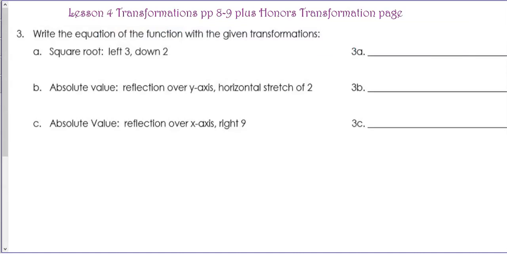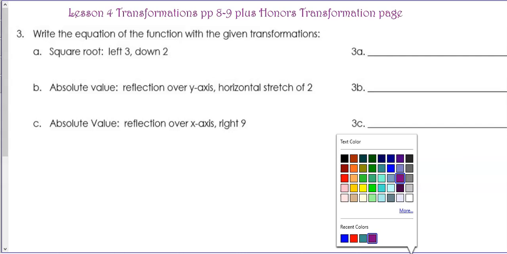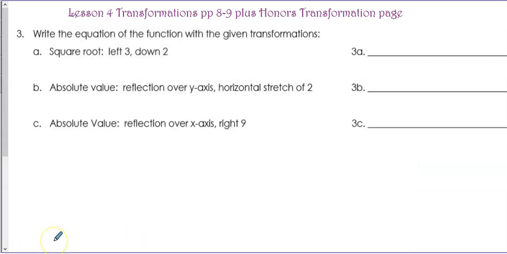Part 3 is the same as part 2 as far as the section of the notes in the lesson. All right, part 3A. They are asking us to actually write the equation of the function with the given transformations. So they gave us the transformations, and they're asking us to write the function.